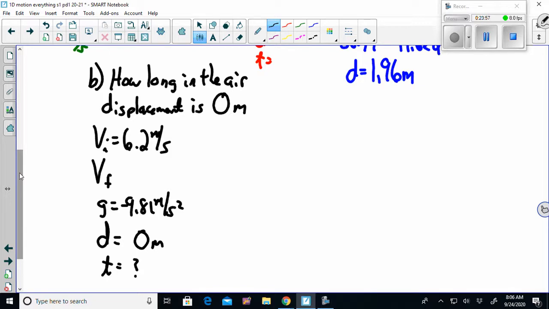So I need the equation without final velocity. I just have to remember them.